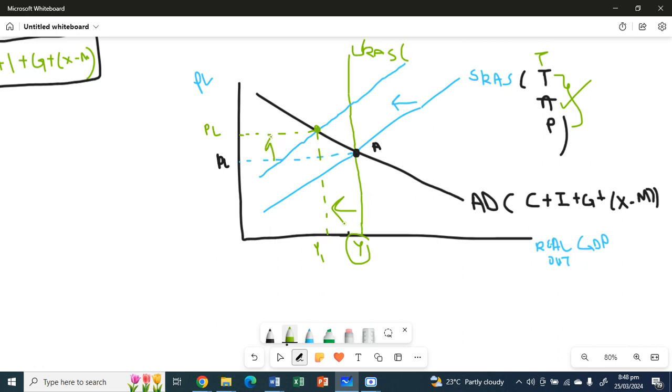For this type of question, after you draw the graph, explain what happens to price level and real GDP output. And since these firms scale back on production, some workers might be laid off. Those laid off workers become unemployed, so the unemployment rate can rise.